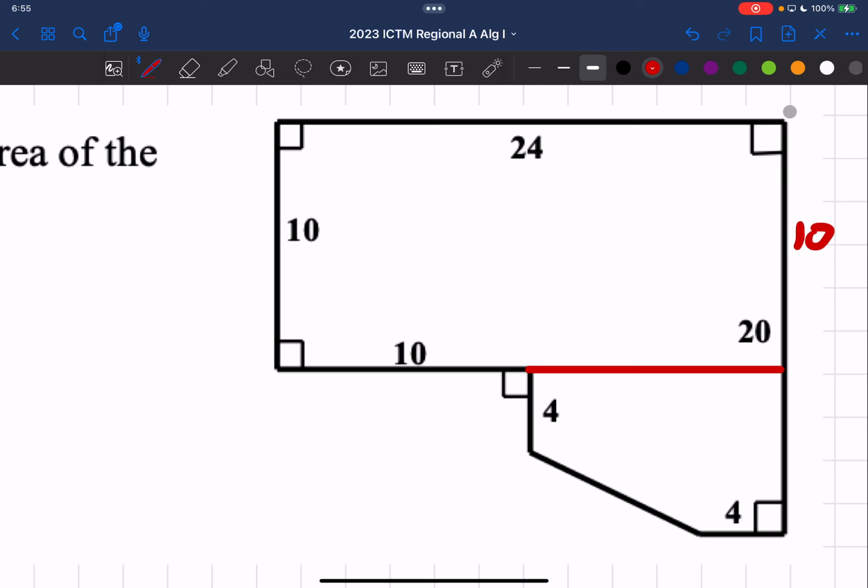Now this from here to here is 24, so that means from here to here is 14. Which means if I draw across here, this is also 14. All right. Now this length right here is 4, which means this is also 4.